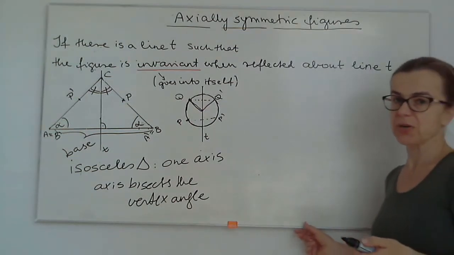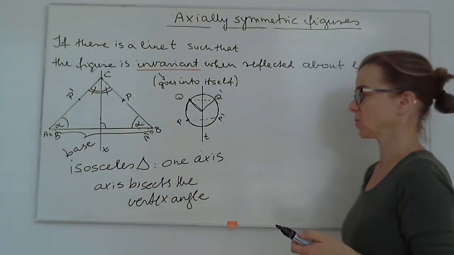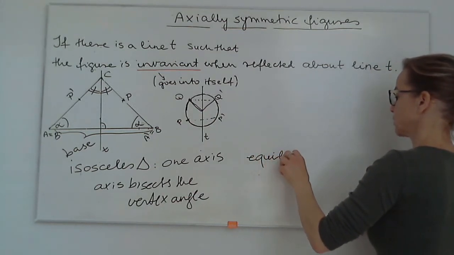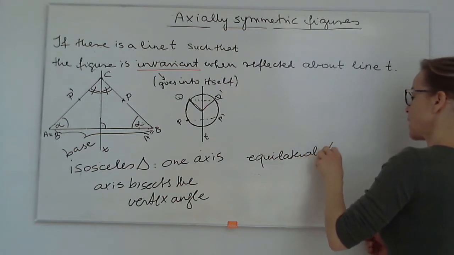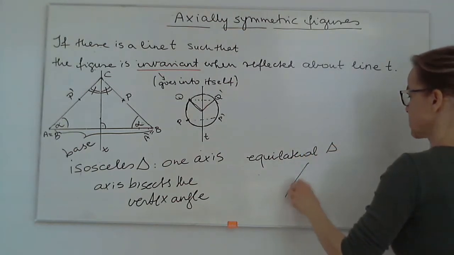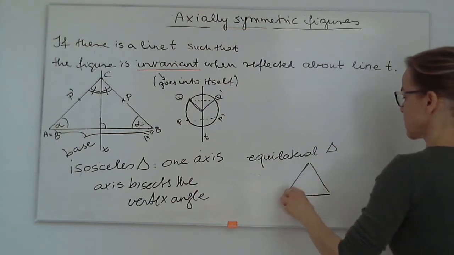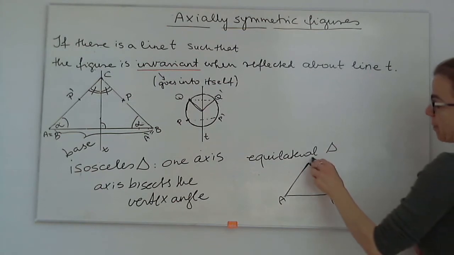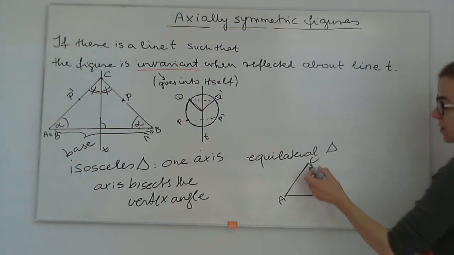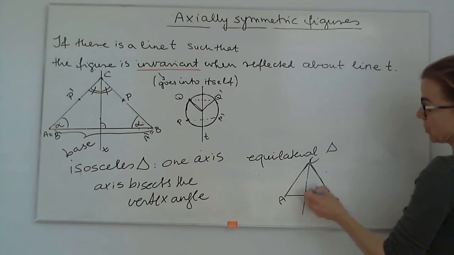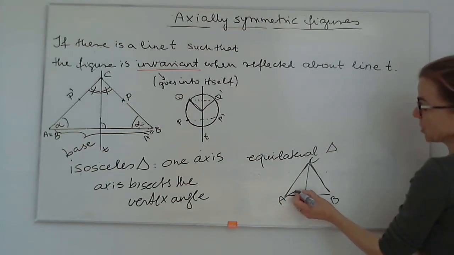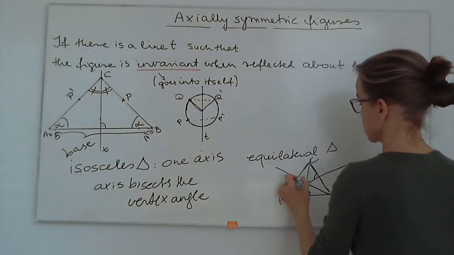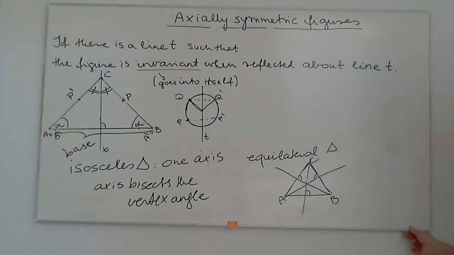If, however, your triangle is more special than an isosceles triangle, then we talk about equilateral triangles. We know that equilateral triangles have three equal sides. So basically, no matter which side you pick, it behaves as if it were the base of an isosceles triangle, and therefore it follows that you can find 3 axes of symmetry, which actually correspond to all the special lines of the triangle.